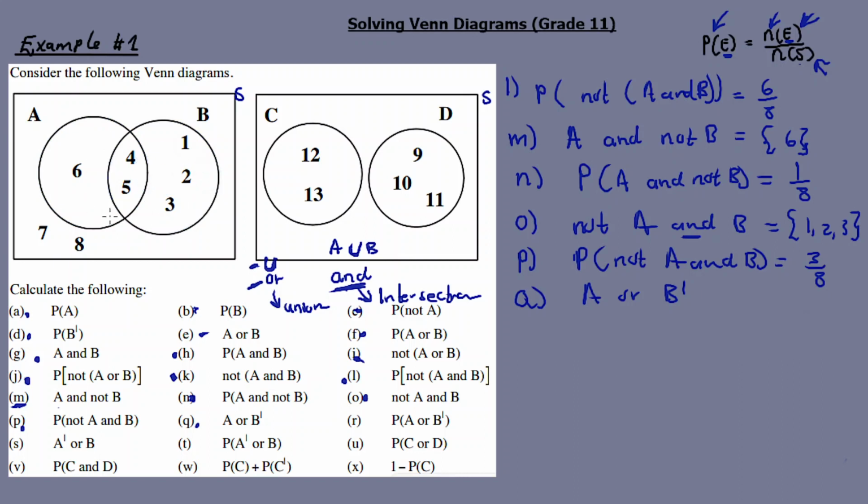A or not B. Let's see. Now starting with A, A, A, A. Then not B, so this is B, not B, it's this one and this one. So this time it's or. Or means what? Means union, meaning you add everything together, including where there are two marks.